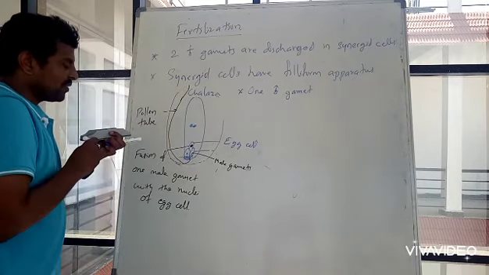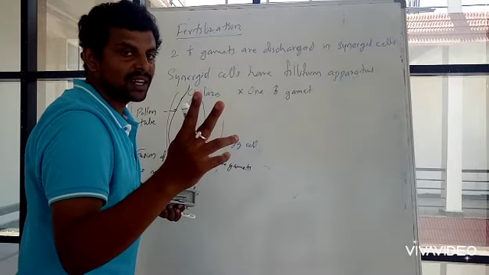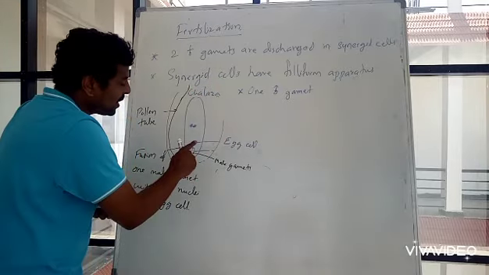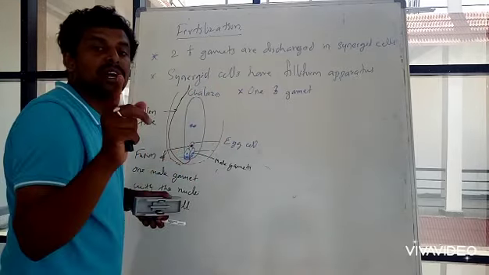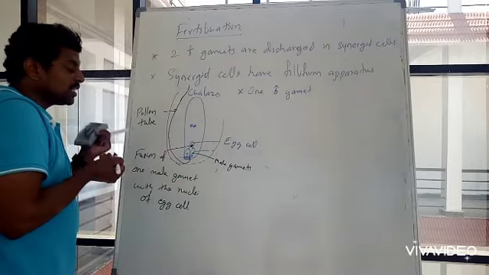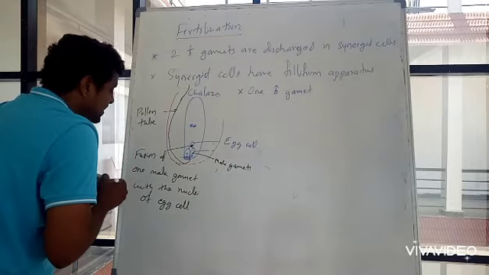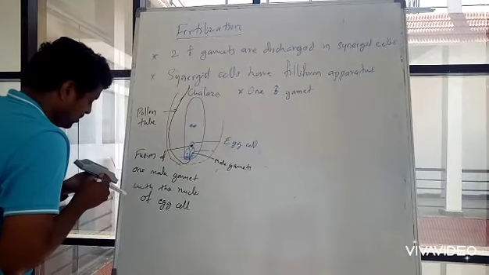So here there are mainly two male gametes released. Among the two, one male gamete will fuse with the nucleus of the egg cell. So this process we call syngamy.